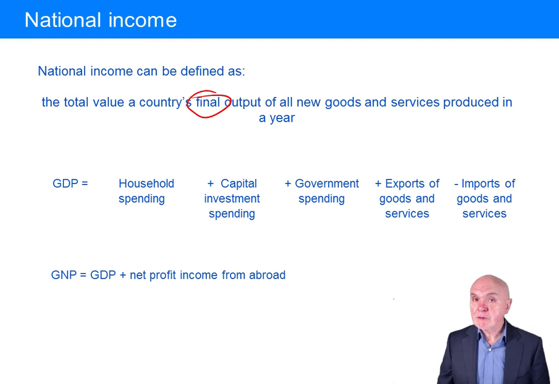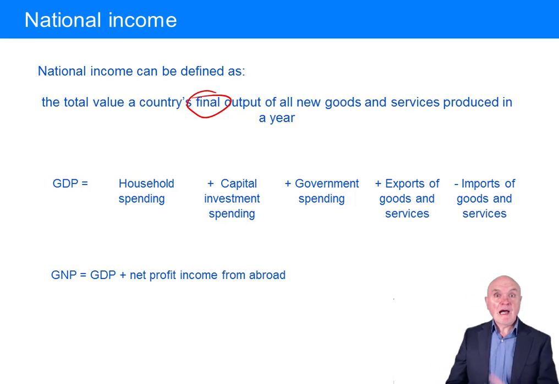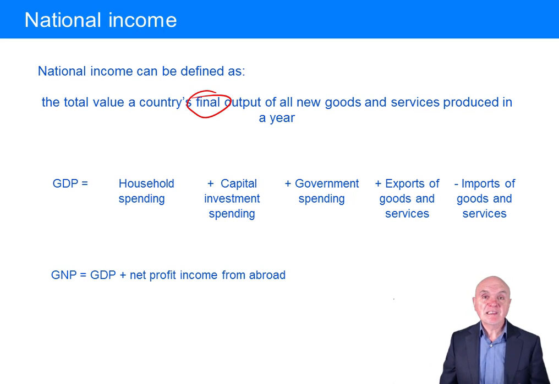Now, the gross domestic product is defined as household spending, what you and I would spend on food, on transport, on heating and so on, plus capital investment spending, which is typically what businesses will spend on machinery and plant and lorries and the like, plus government spending on health services, schools, police forces, defence and so on, plus exports, which are basically money or goods going abroad where we are then receiving income into our economy.